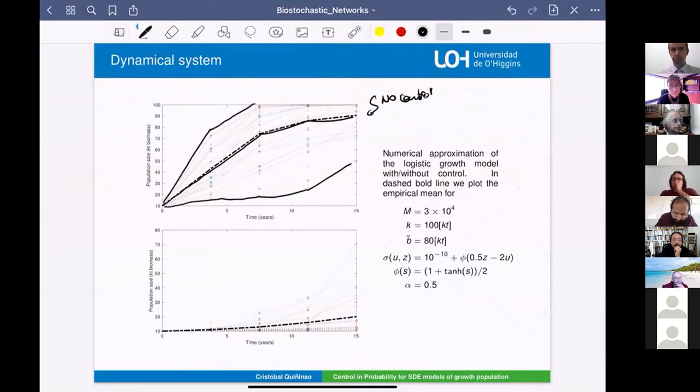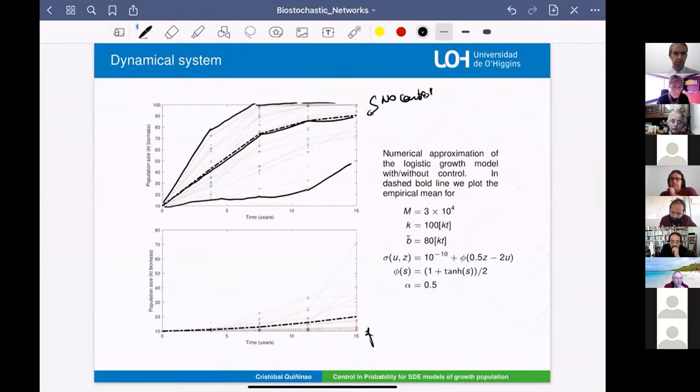So it's going to the 100 kilotons very fast. And in mean, it's not good or not bad, but you grow. If you have no control in the system, then even if the environment is not the perfect one, you're going to go to this logistic threshold.